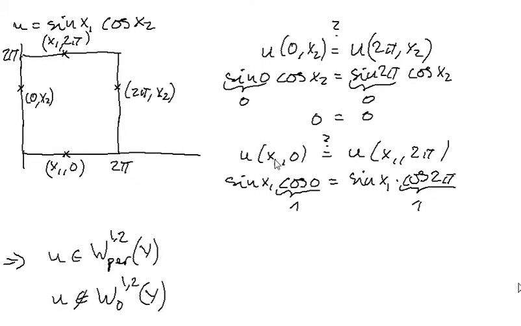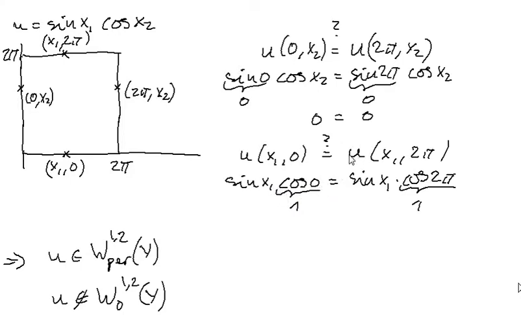So u of x1, 0 is equal to sine x1, just replace now x2 by 0, and cosine of 0 is equal to 1, so we now get sine x1 on the left side.